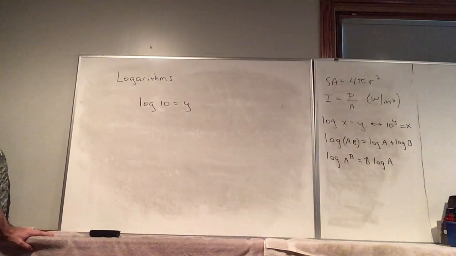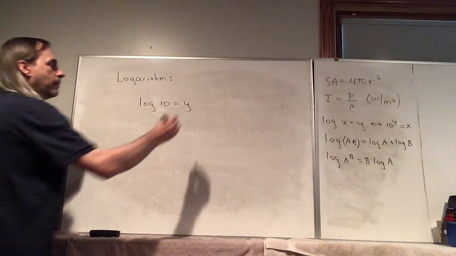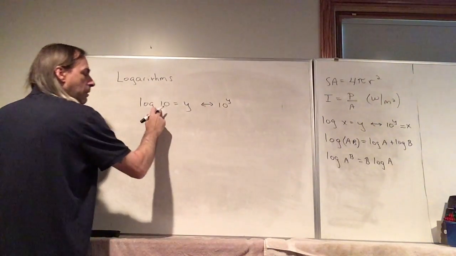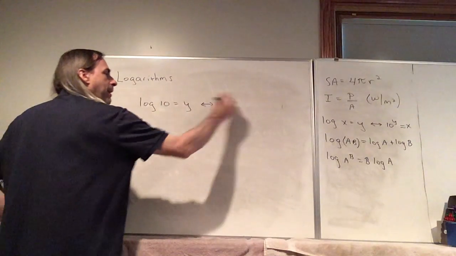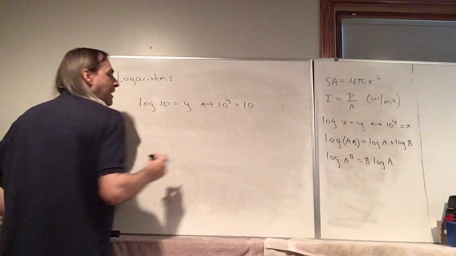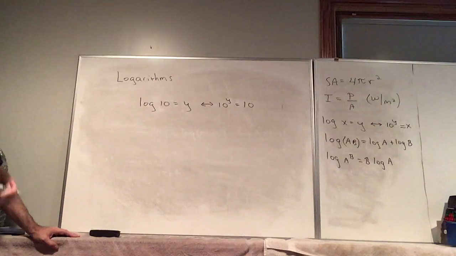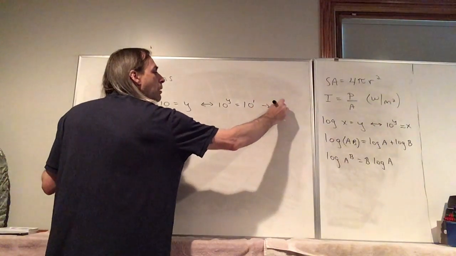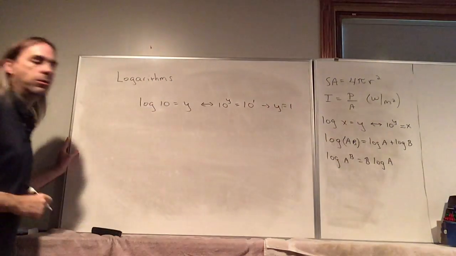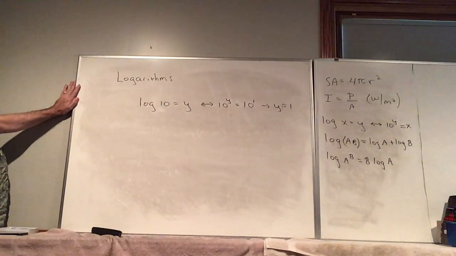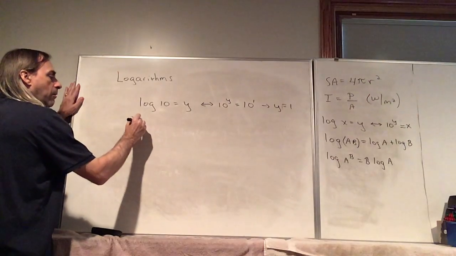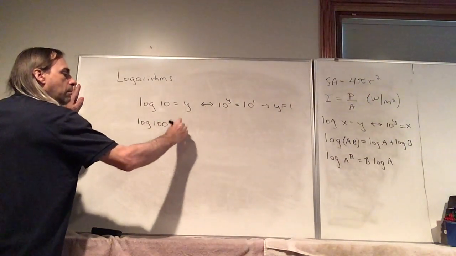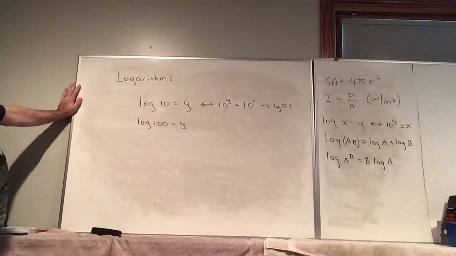If logarithm of 10 equals y, that means 10, base 10, to the power y equals x, which in this case is 10. We can easily see 10 is 10 to the first power, so y equals 1. Okay, let's look at another one. Say log of 100. We don't know what that's equal to, so we call it y.